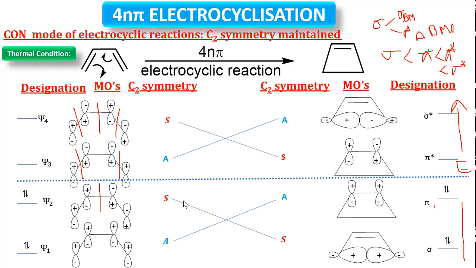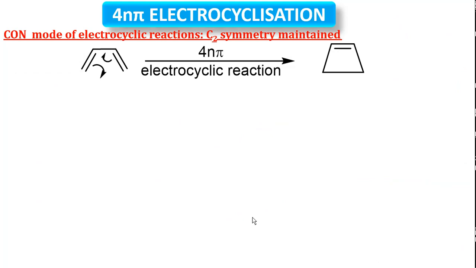You see here, the low energy molecular orbitals are not correlating with high energy molecular orbitals, isn't it friends? If this symmetry correlated with that symmetry, it would be a low energy molecular orbital correlating with a high energy molecular orbital, but that is not happening here. So what is the conclusion?